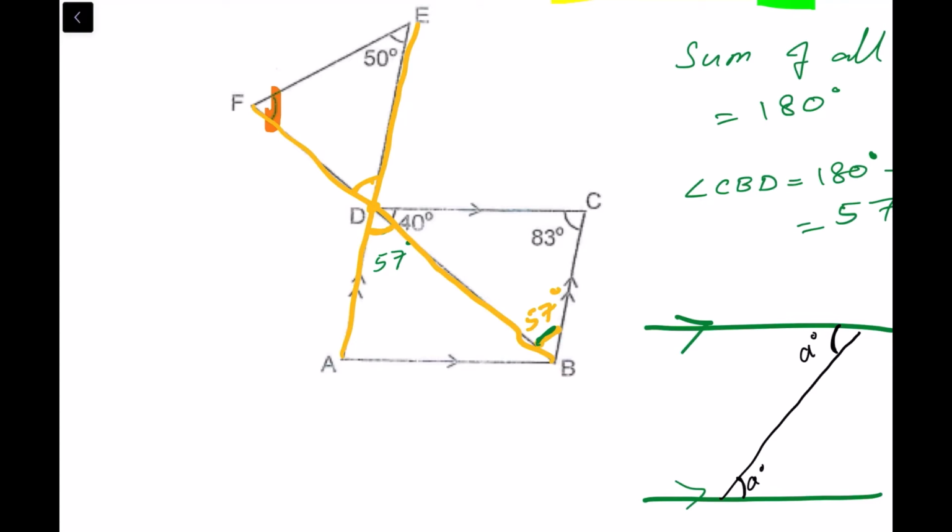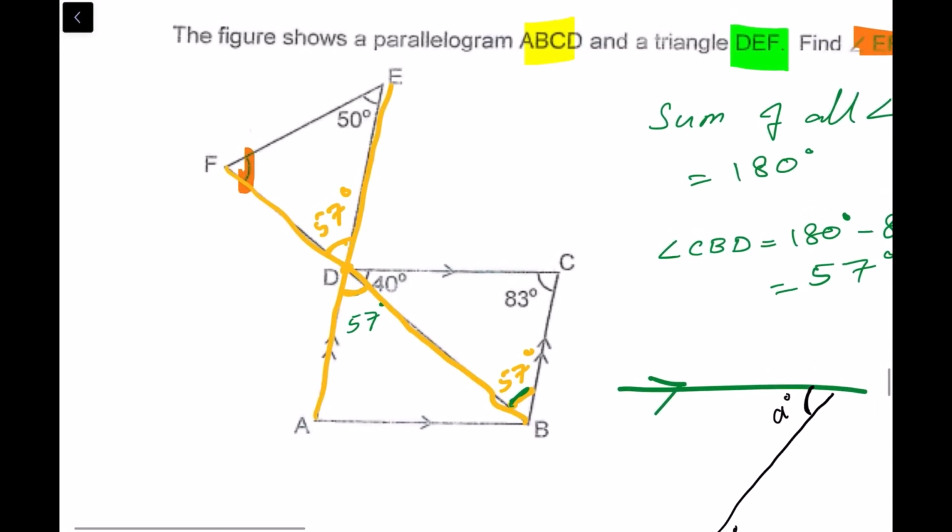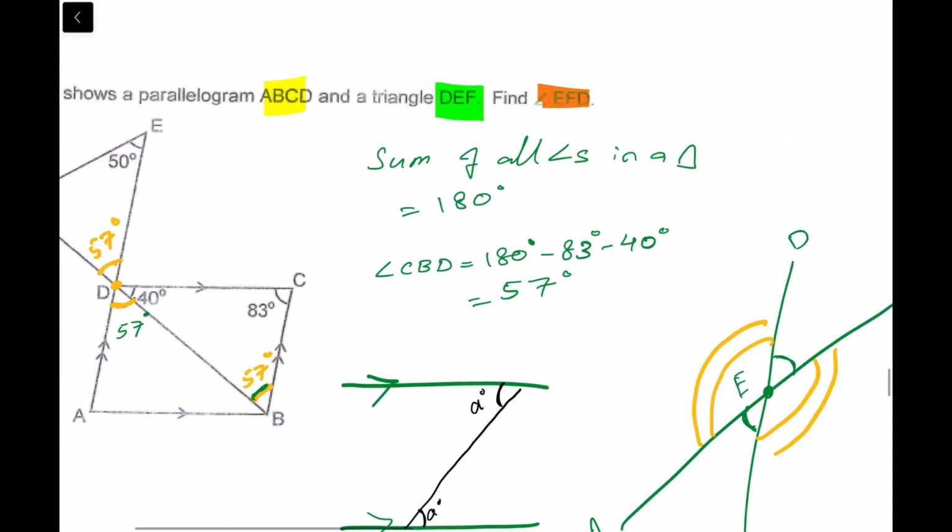So this means that angle FDE would be 57 degrees as well. And now that we have found 2 out of 3 angles inside triangle FDE, we can simply find the third one through this concept over here.